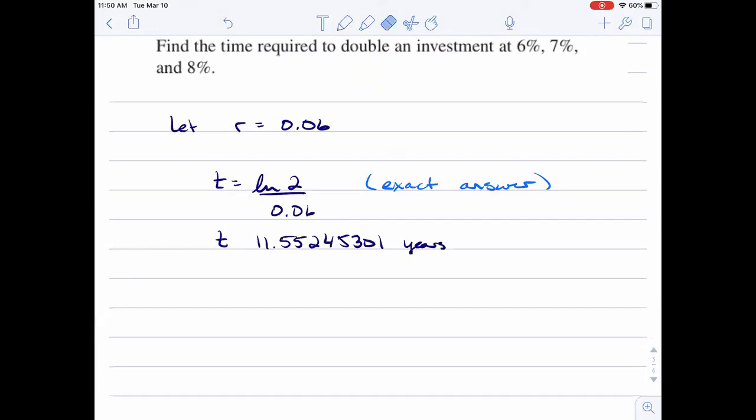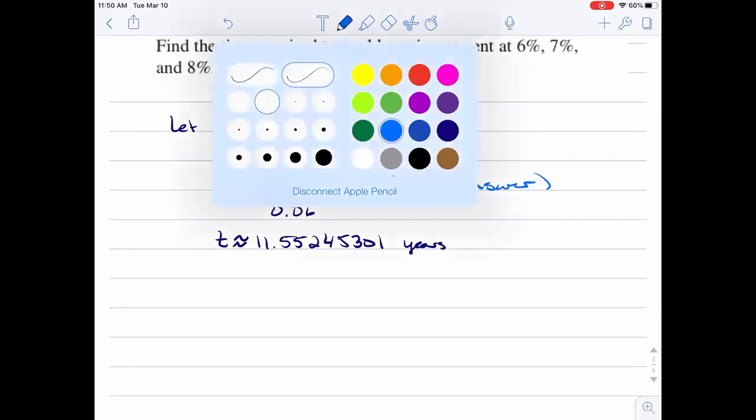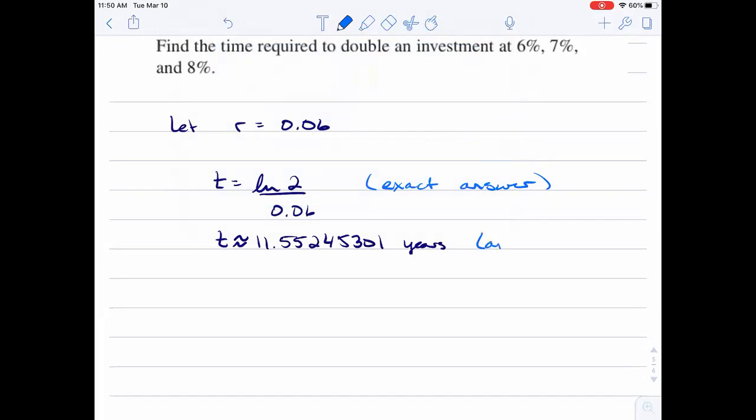I'm going to change this because I know that's not actually equal to. I'm going to switch it to the squiggly equals just to emphasize that this is an approximate answer. So it'll take roughly 11.5 years for any amount to double at 6%.